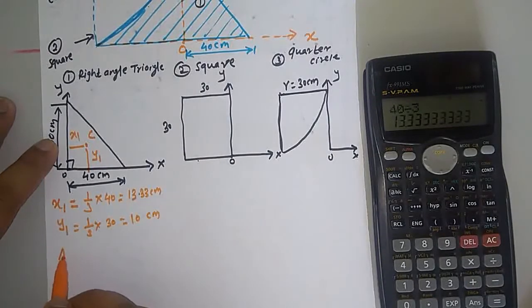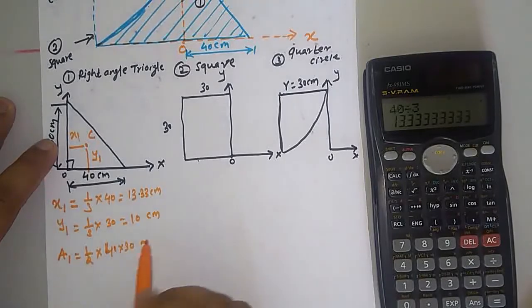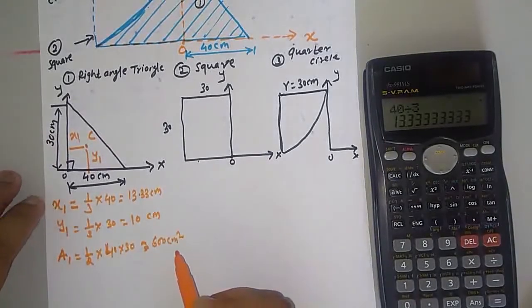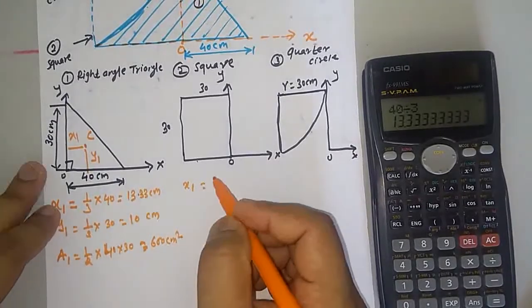And a1, what is a1? The area of this right angle triangle, one by two base into height. The base is 40 and the height is 30. So it is 20 into 30, so 600 centimeter square. Same way, find x2 for this.